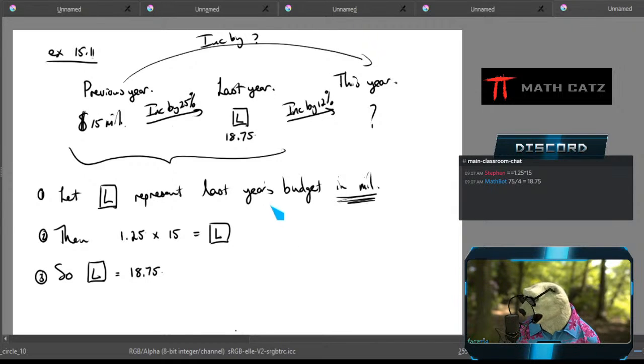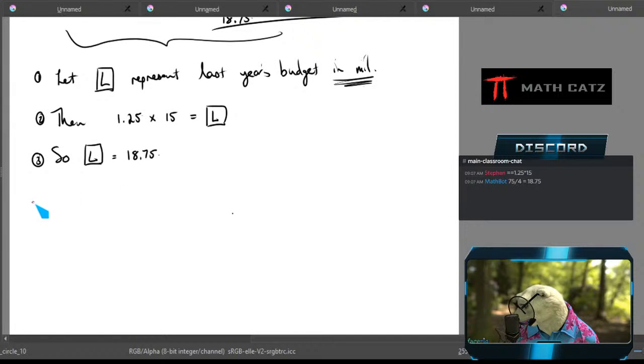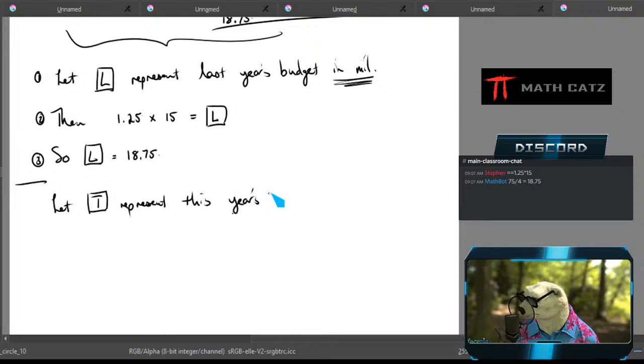Now I look at the next window, last year versus this year, and it's going to be very similar. I might want to say, let's call T in a box, let that represent this year's budget in millions.